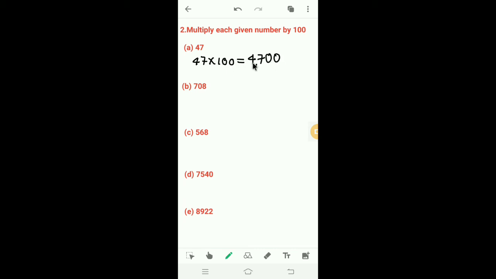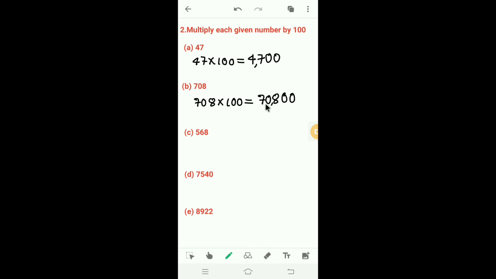So the answer is 4700. 47 into 100 is equal to 4700. Next, B1, 708 into 100 is equal to, write given number as it is and add 2 zeros at the end of the number.